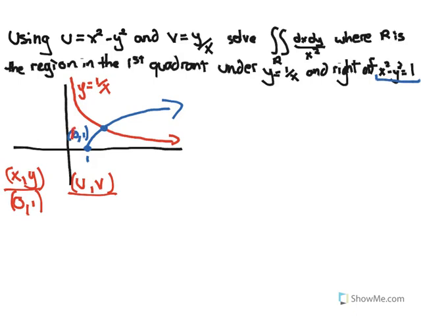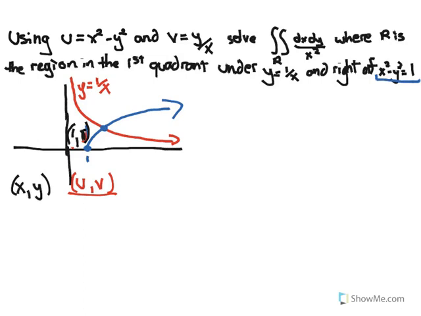Sorry, that's 1, 0. The point 1, 0, not 0, 1. There we go. Let me erase that so we don't get too messy here. Okay. So that's the point 1, 0, as you know.